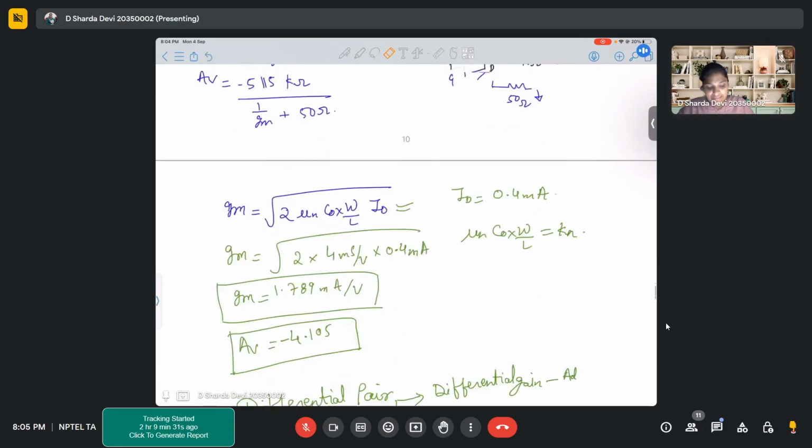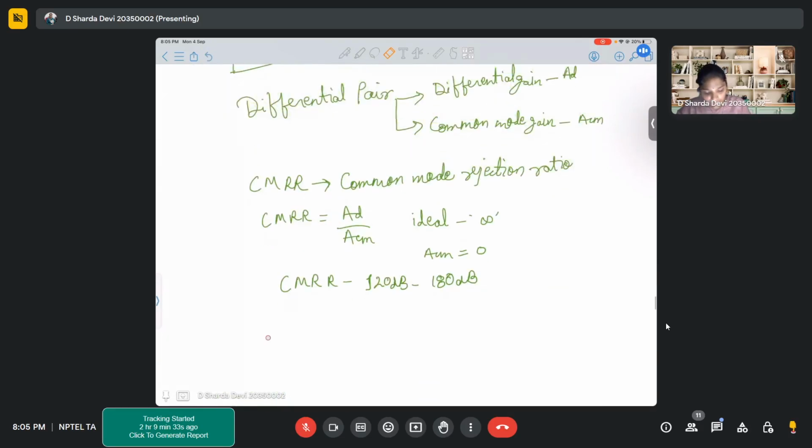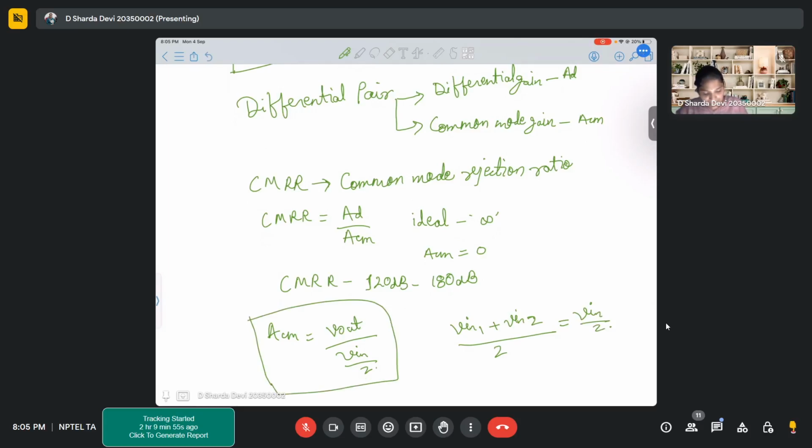And for the common mode gain, the formula is ACM is given by V out upon Vin by 2. So it is like Vin1 plus Vin2 by 2, which we call Vin by 2. So this is the formula for ACM.